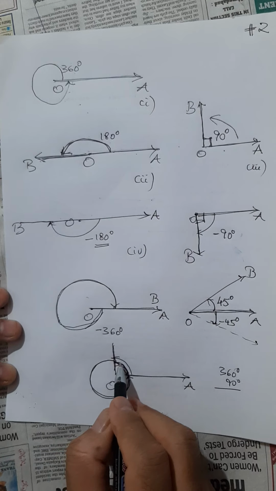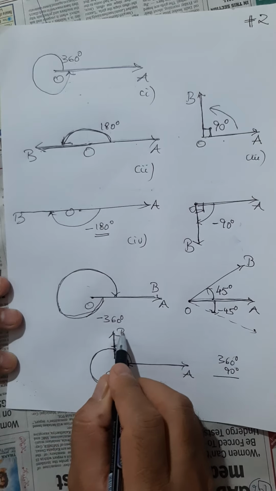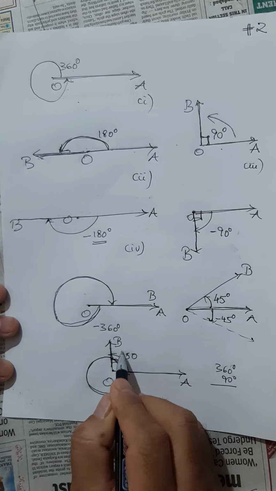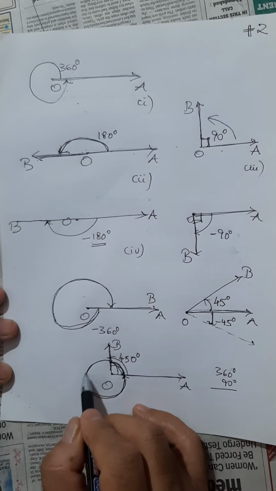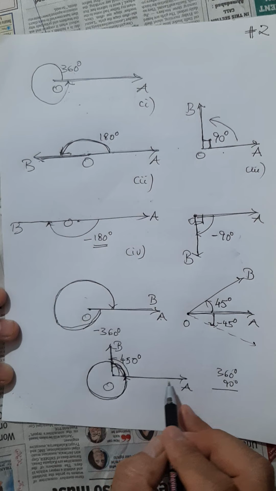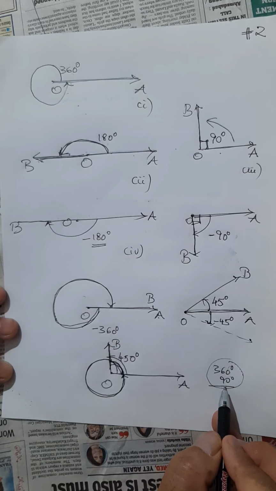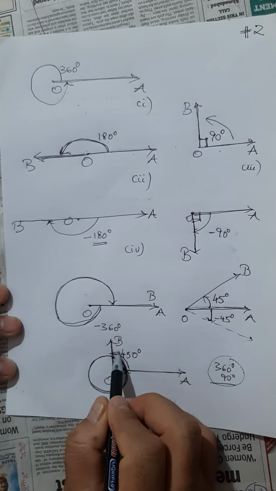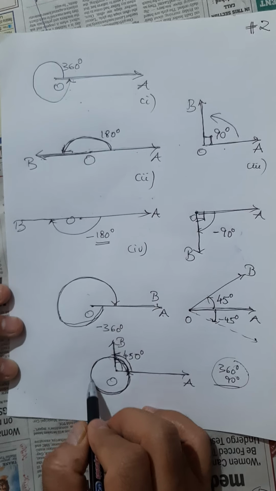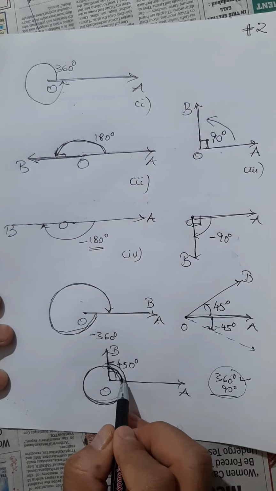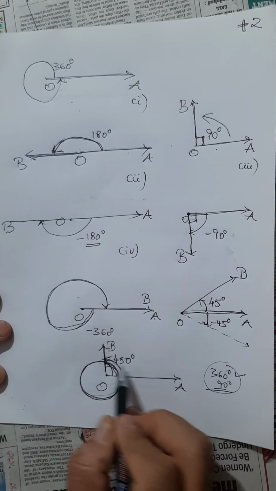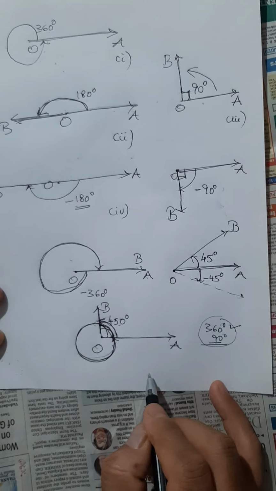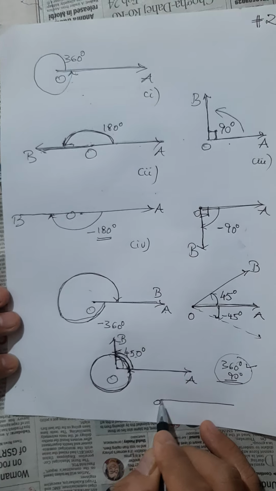So the total degree here, starting from here to here, if this is a final position, is nothing but 450 degree, but it is in anti-clockwise direction, so it is positive, right? Why 360 plus 90? Because you had completed one revolution and then first quadrant, this much. One revolution means 360 degree, and then up to this it is 90, so it becomes total 450.